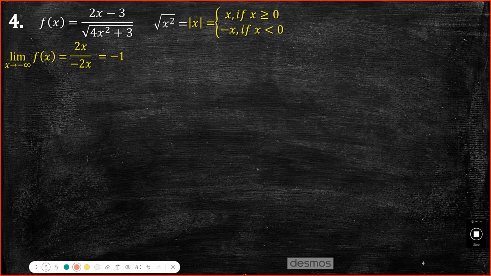So y equals negative 1 for that one. And then the limit as x approaches infinity of f of x will be 2x over 2x, which is 1. And so these are the two horizontal asymptotes, at y equals negative 1 and y equals 1.